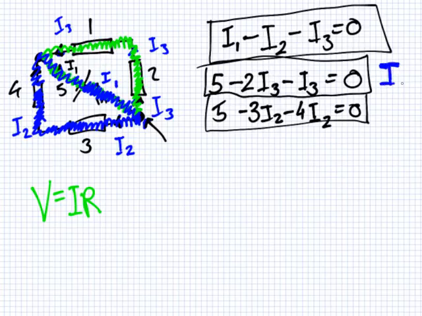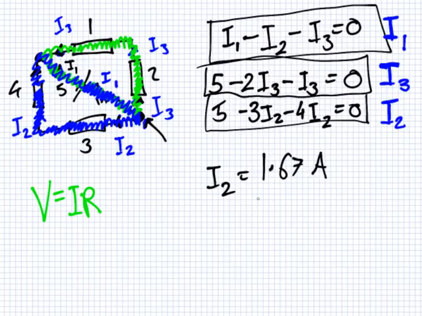I3. What can you get from this equation? I2. Therefore, what will this give you? I1. Okay, so I3 will equal 1.67 amps.